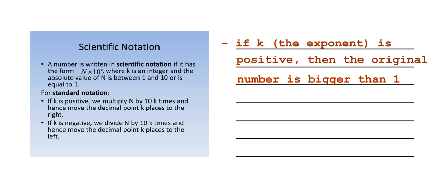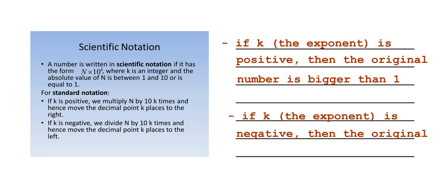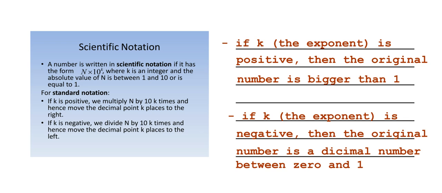Having a positive k means you have a number bigger than 1. Positive exponent. So if k, once again the exponent, is negative, then the original number is a decimal, typically smaller than 1. So be aware of that. A number between 0 and 1, in other words.